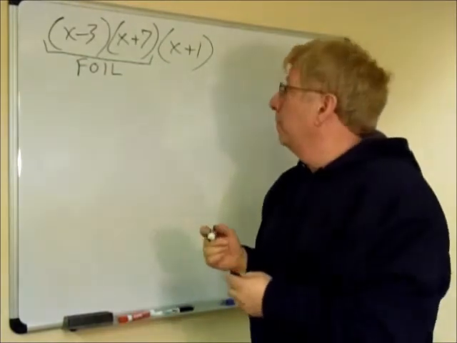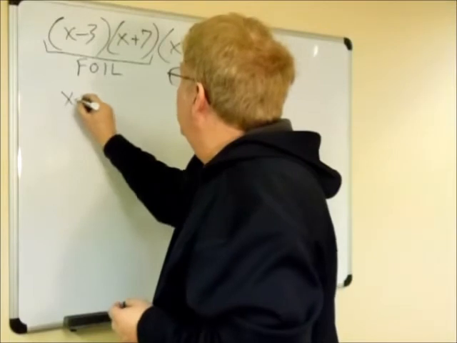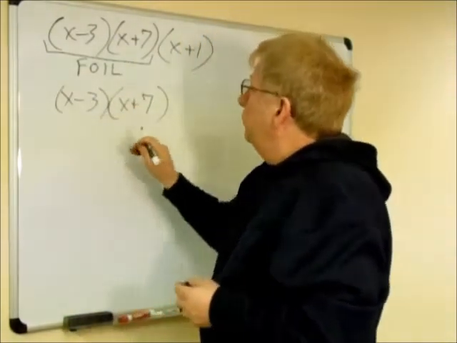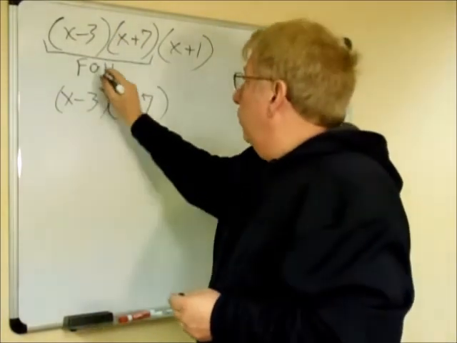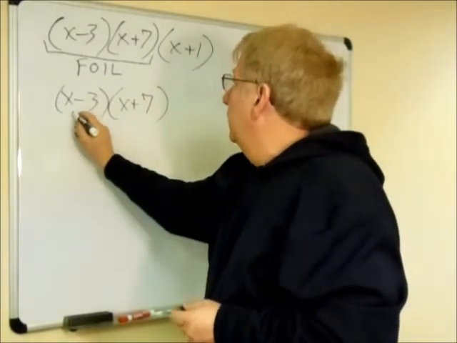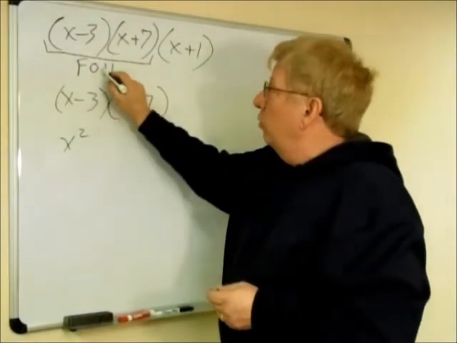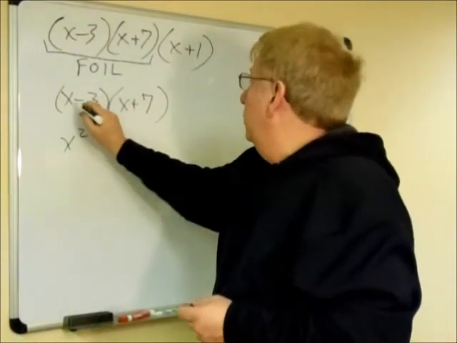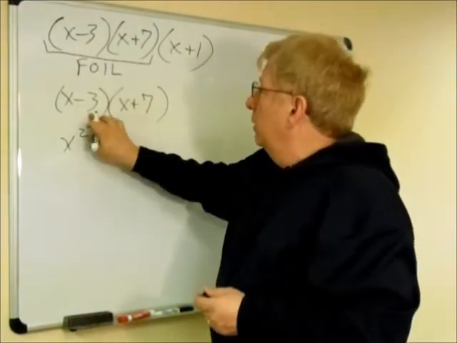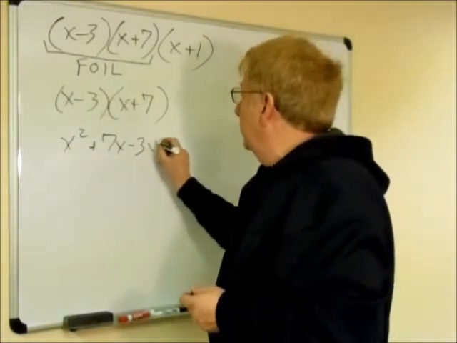So first I'm going to use FOIL on 2 binomials, and then with that result I'm going to distribute in the second step. For this, x minus 3 times x plus 7, use FOIL on those 2. FOIL is the first term of each binomial, x and x. So x times x is x squared. The O of FOIL means outer, so x times 7 is 7x. Inner, these 2 inner terms, minus 3 times x, minus 3x.